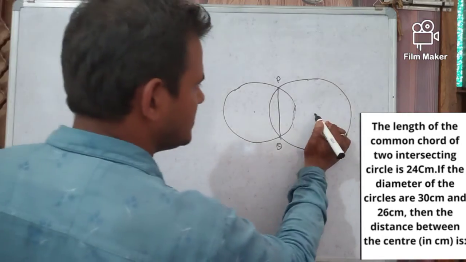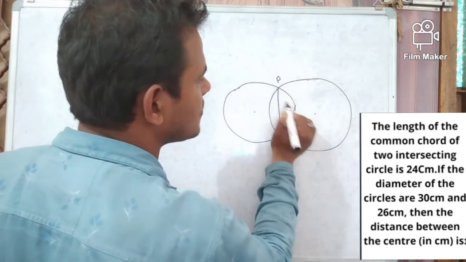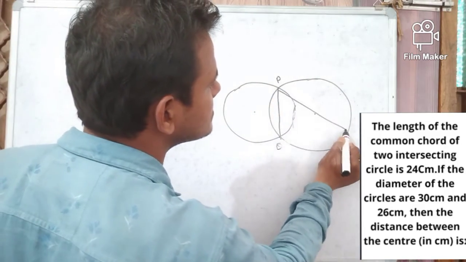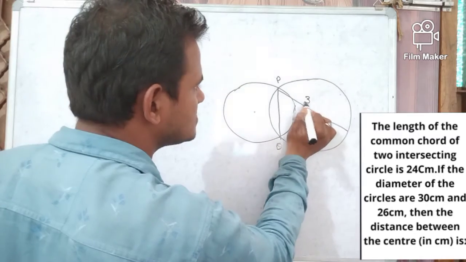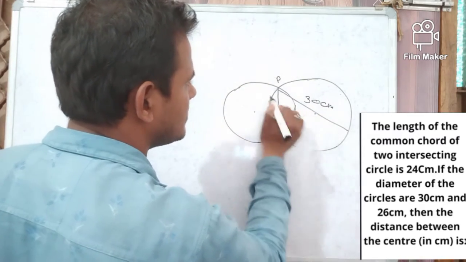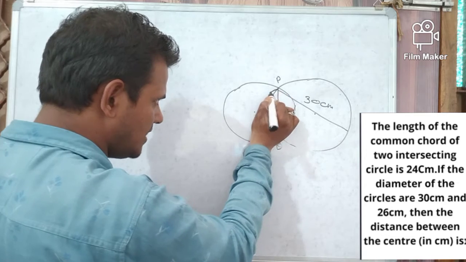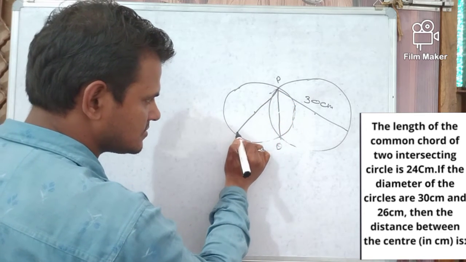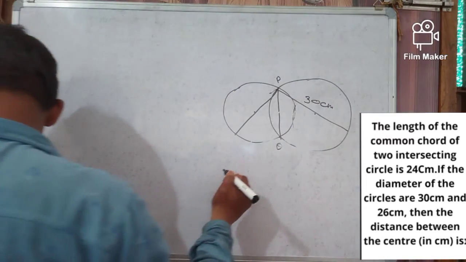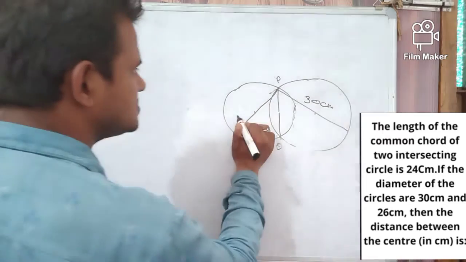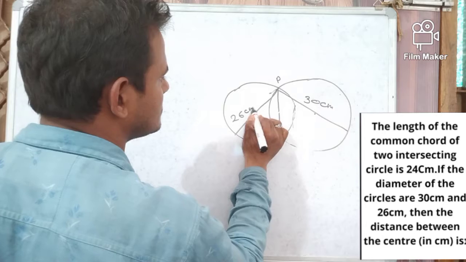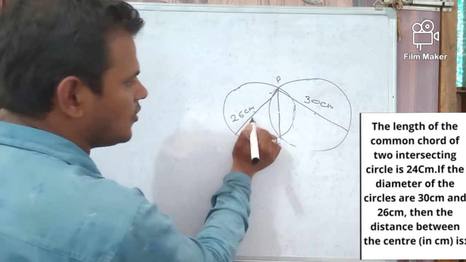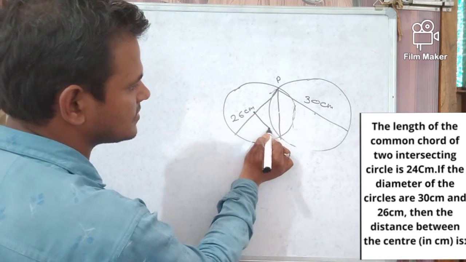So draw the diameter like this. This is 30 centimeter, and draw this other one, which is 26 centimeter. Radius will be half of diameter, so draw like this.